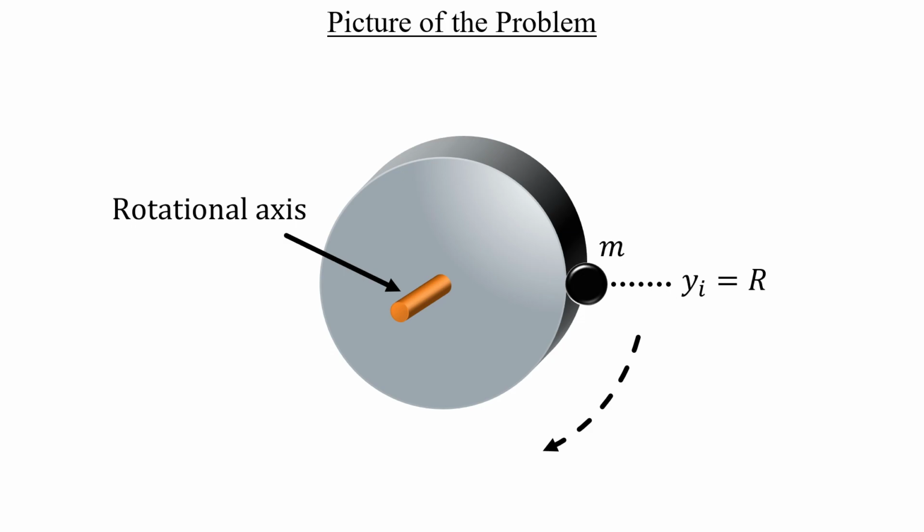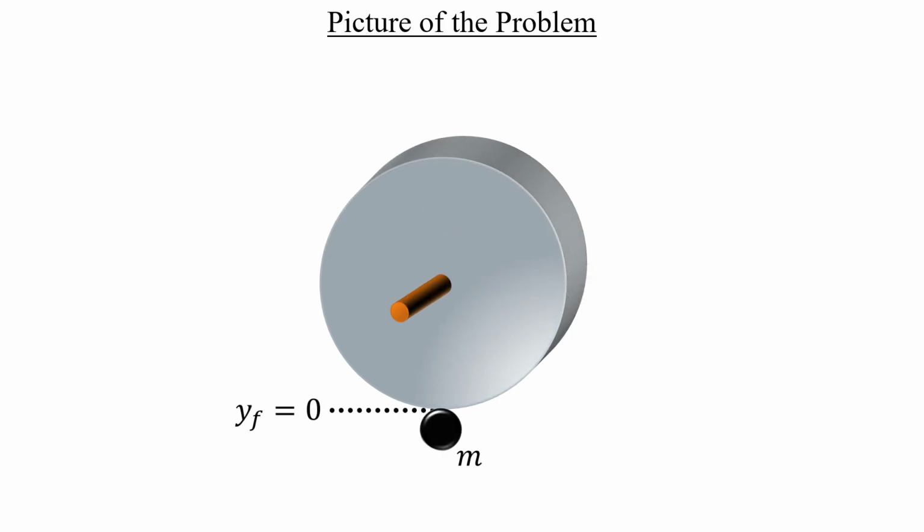The goal is to let this compound object rotate until the glued mass reaches the final y position at 0, and we want to solve for the angular speed that's shared by both objects at that point.